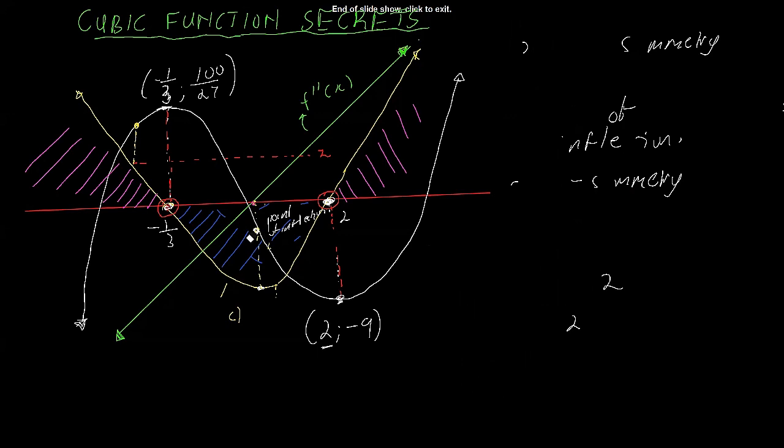So we're not going to draw it to cross here, but we're going to draw it to cross along the x-axis, straight in line with the point of inflection, right? But the line must intersect with the x-axis, right?